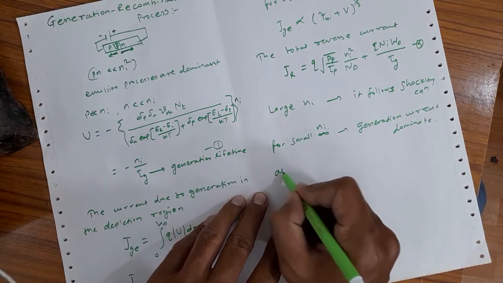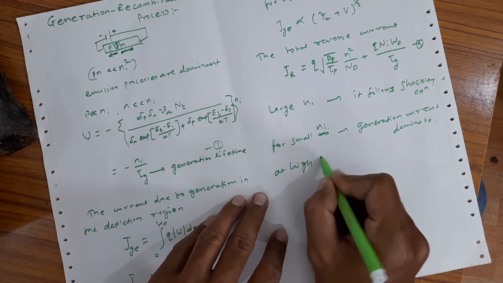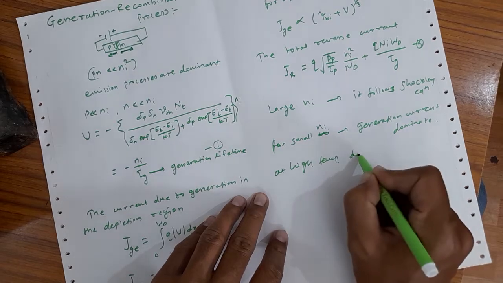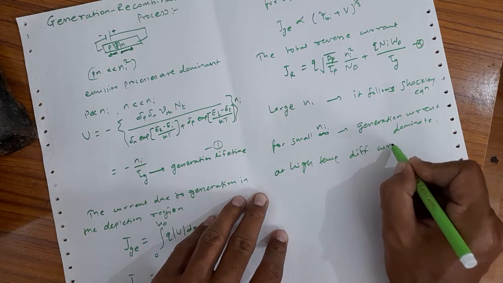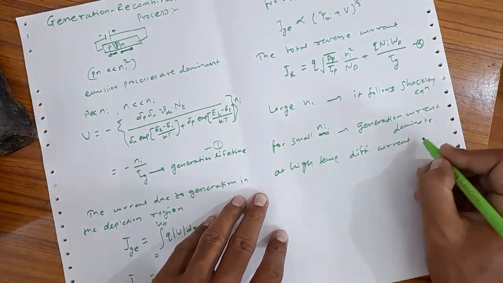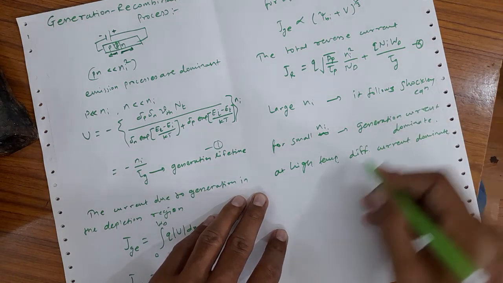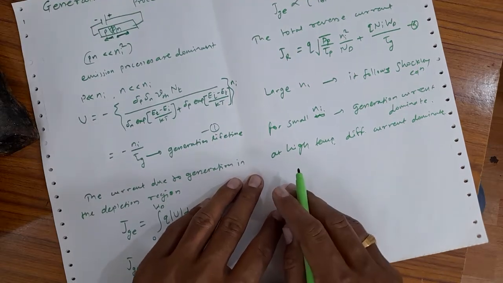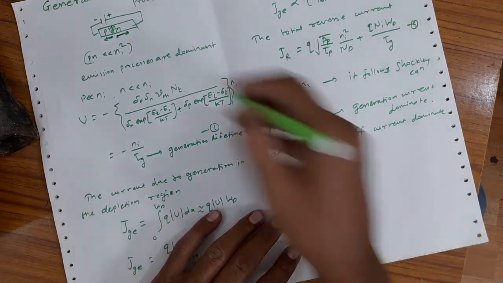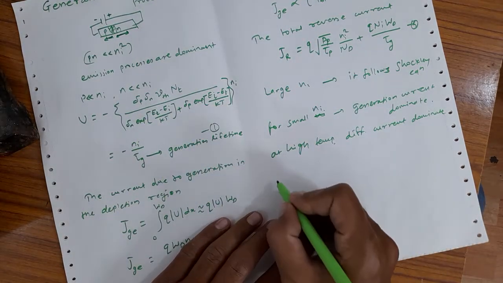So at high temperature, the diffusion component, or diffusion current, dominates. Do remember these things. So, now this is the case for the reverse bias case.